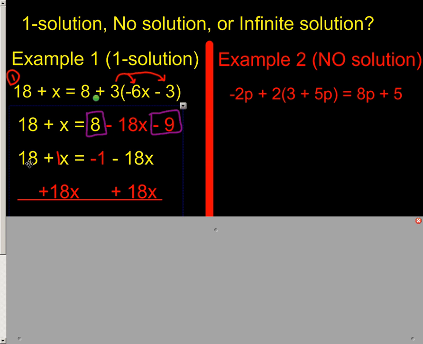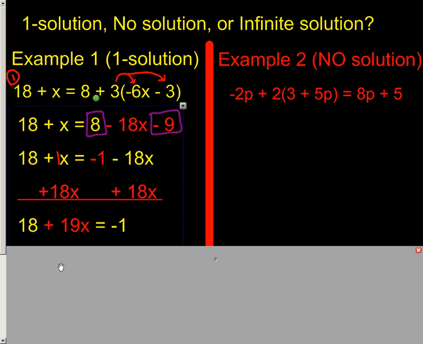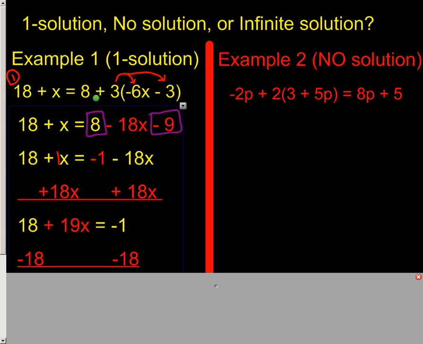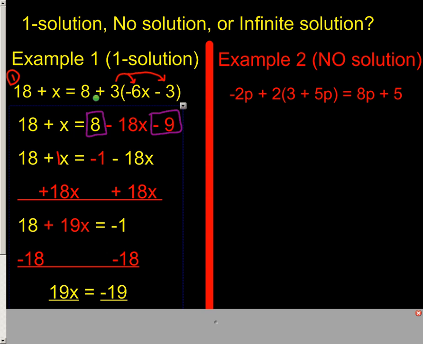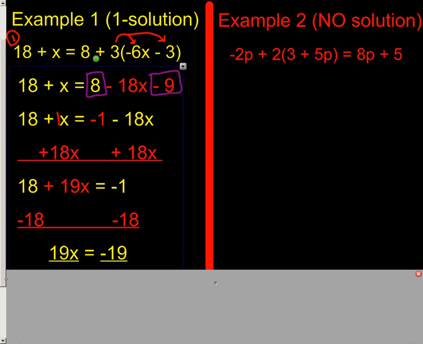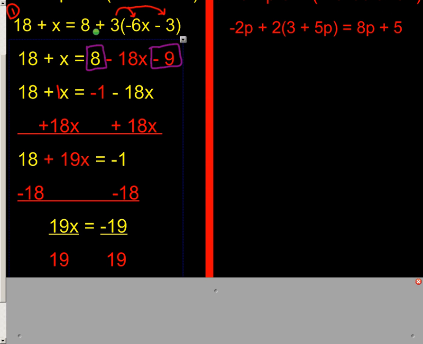So this is our result. 1x plus 18x is 19x. It's positive, so that's the reason I put a plus sign there. Let's move the 18 to the other side, so subtract 18 from both sides of the equation to keep the balance, and now we get 19x equals, I'm sorry, 19x equals negative 19, and now we can just divide both sides by positive 19.